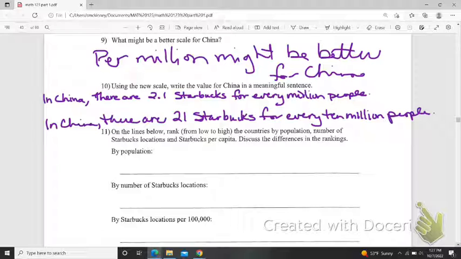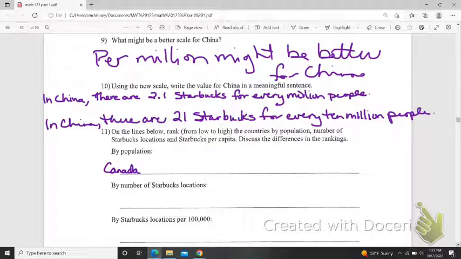And so here we're going to rank from low to high by population, by the number of Starbucks, and for Starbucks location per 100,000. So by population here, again, low to high.